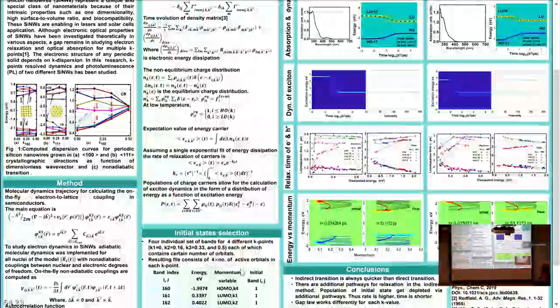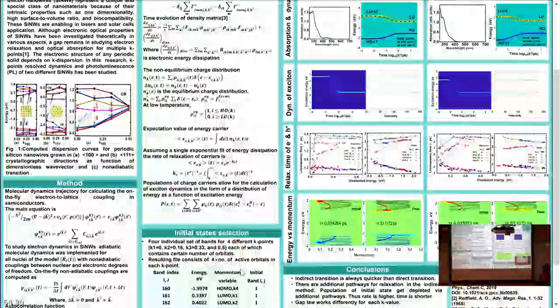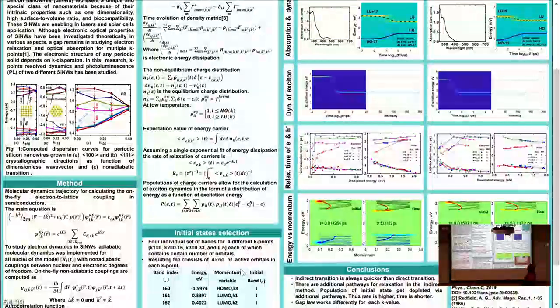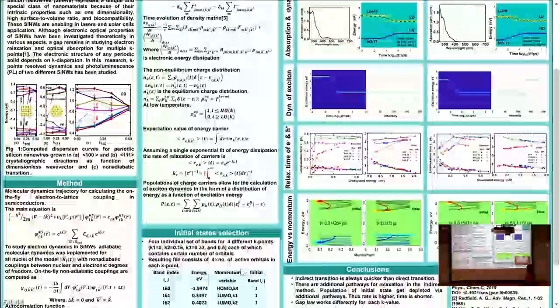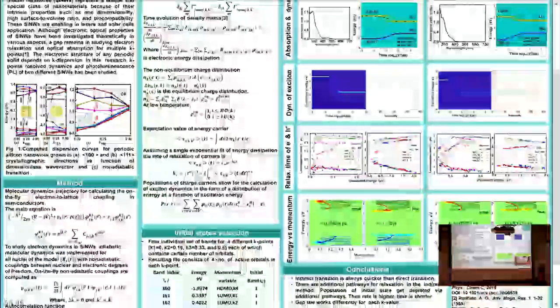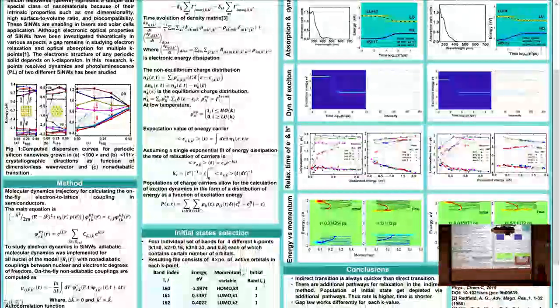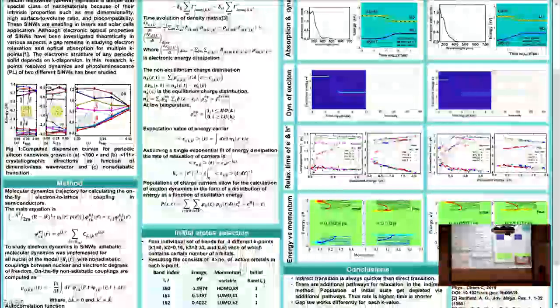For one pathway, the electron can come back to the band edge through the same K point, and electrons can also come back through different K points. If the electron comes back through the same K point, we call it momentum restricted. If the electron travels through a different K point, we call it momentum unrestricted. There are many pathways here. I just showed a couple of them.